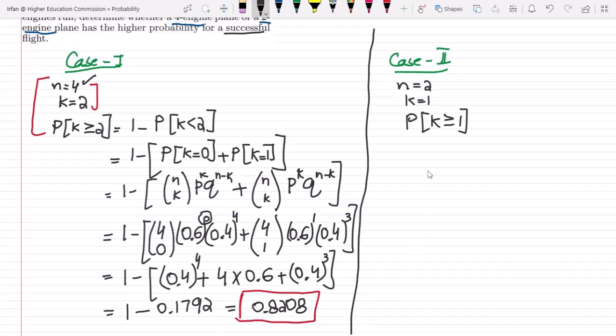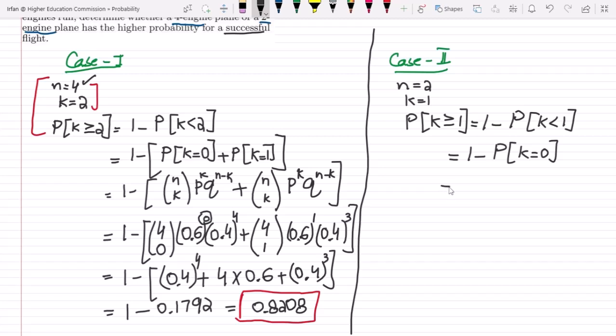So this is case 2, and here we can very clearly see that this is 1 minus the probability that k is less than 1, which is 1 minus the probability that k is equal to 0.